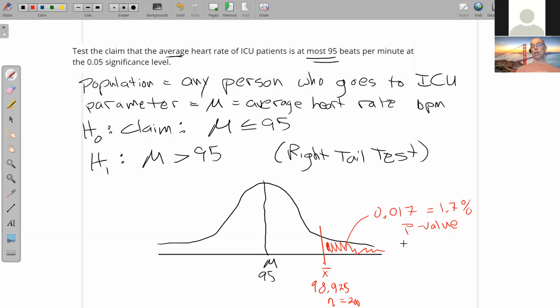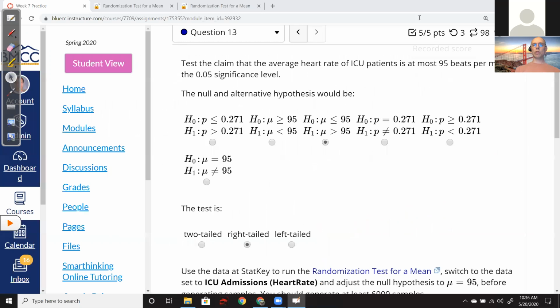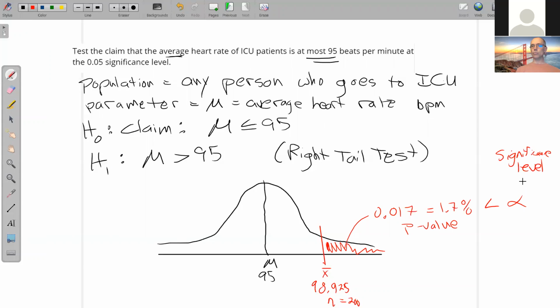Because this is small enough, right? This is less than the significance level I was given. And so let's see, the significance level is called alpha. And that's kind of an arbitrary number researchers throw out. Let's see, we were given 5%, which is kind of the default if you don't have another good idea.